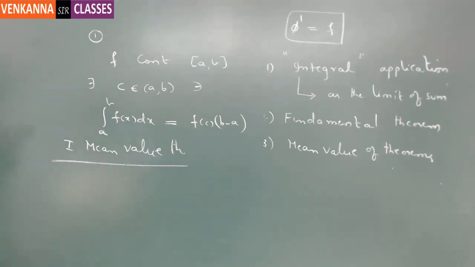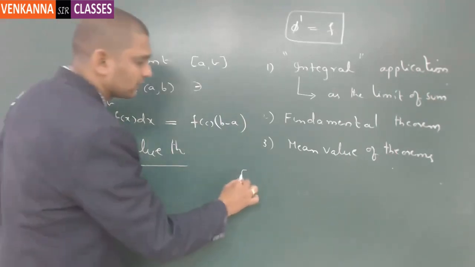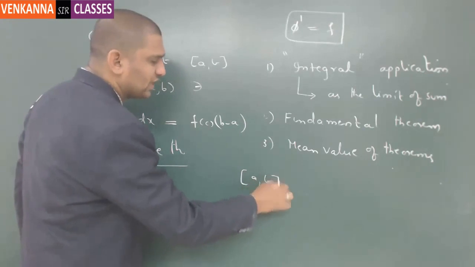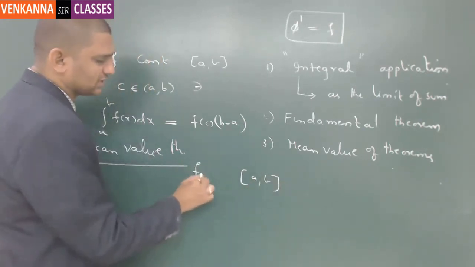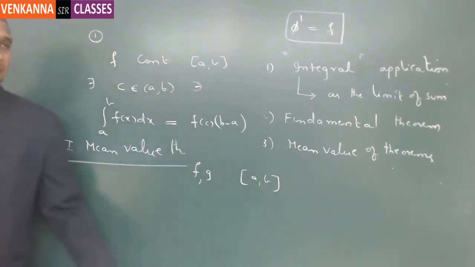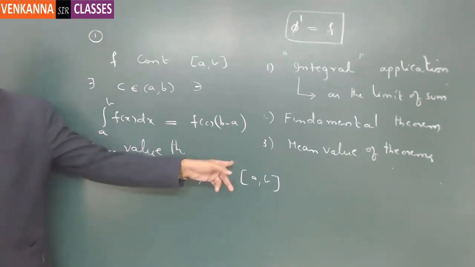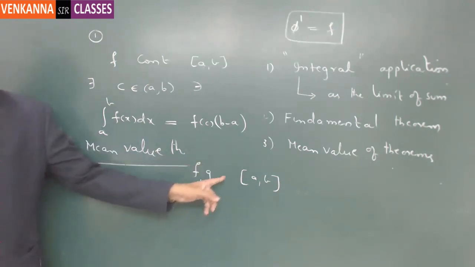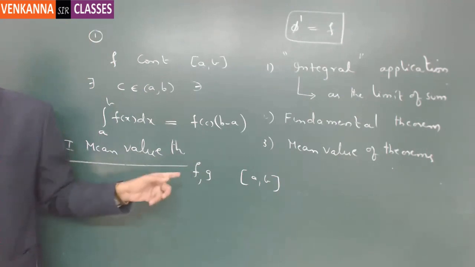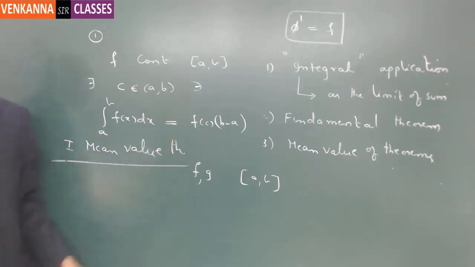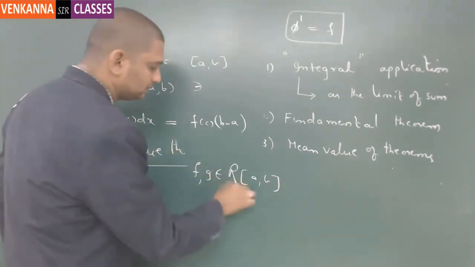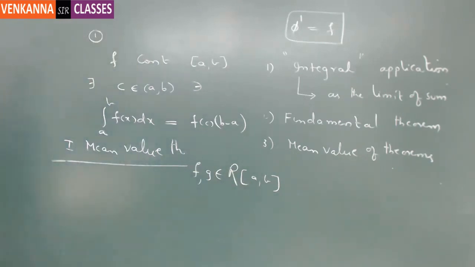Right. The first mean value theorem states that suppose on closed interval AB you take two functions. F is a function on closed AB, G is a function on closed AB. Both are Riemann integrable. F comma G are Riemann integrable on closed AB. Now what happens among the two functions?